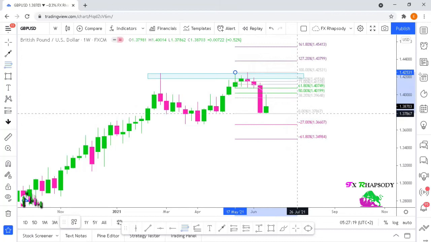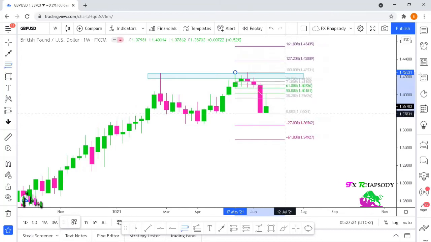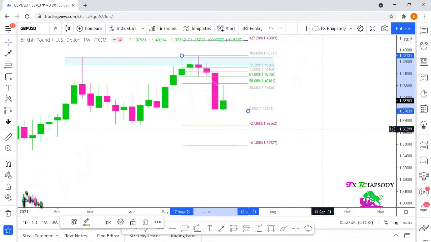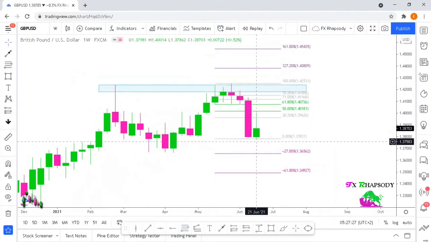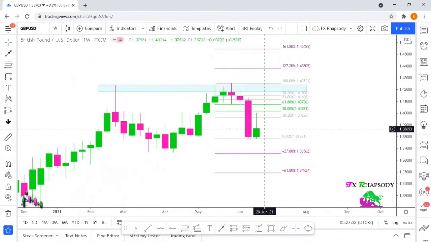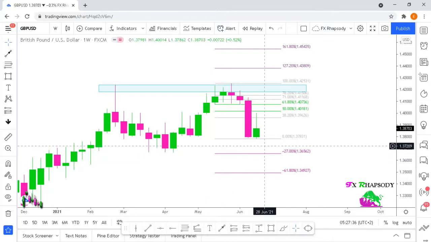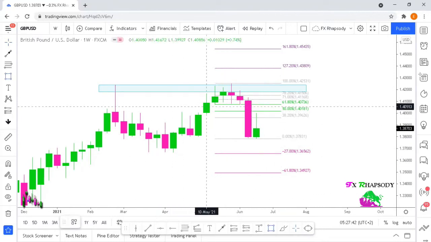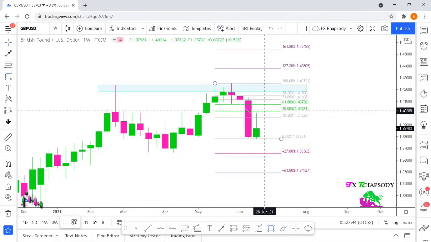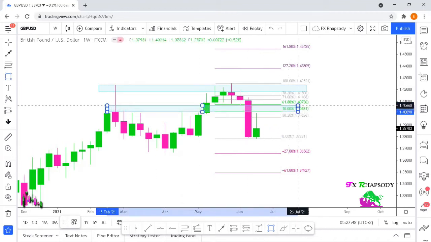What I always like to do is pull out my Fibonacci. Let me just expand it a little bit better. There we go. Just to see the little bit of retracement that needs to happen. So that's 0. You can see here how price came up and pushed way up to this area of, let's call it, resistance currently.